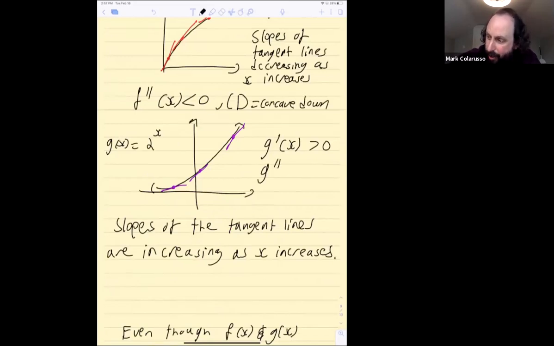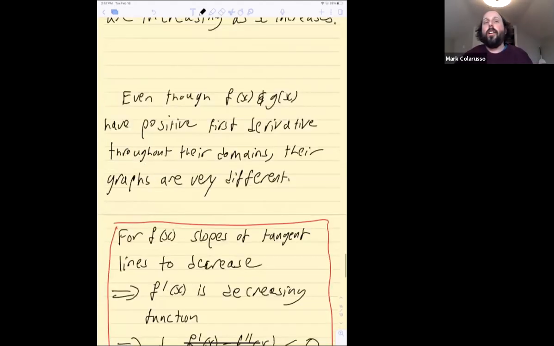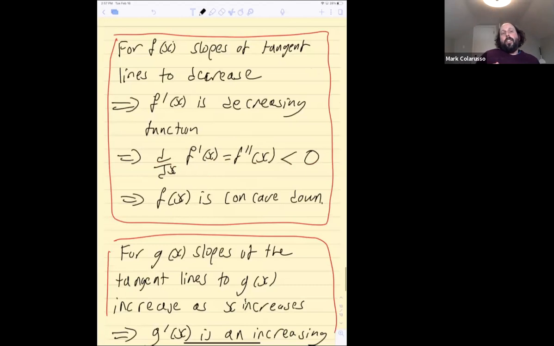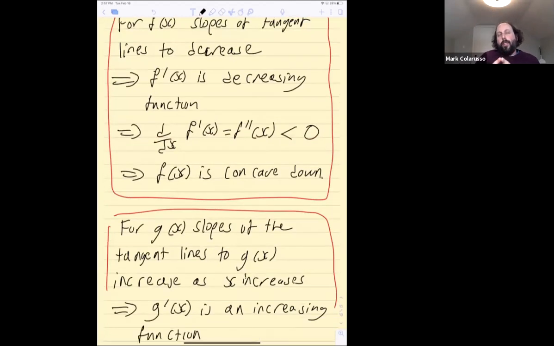This has a positive second derivative, and it's concave up, CU. So the point is that the first and the second derivative generally are enough information about the function to be able to draw a rough graph.